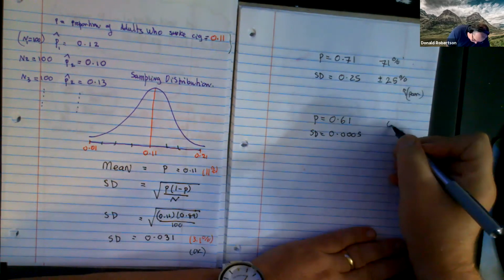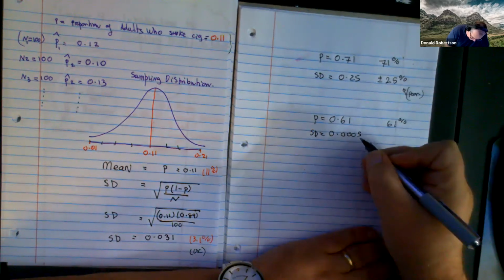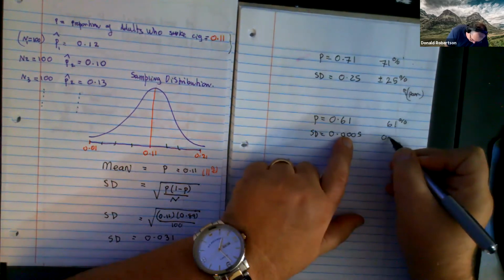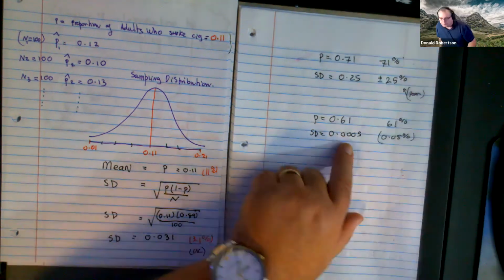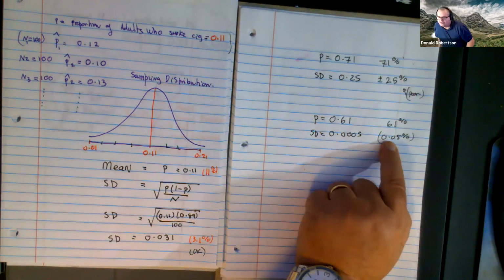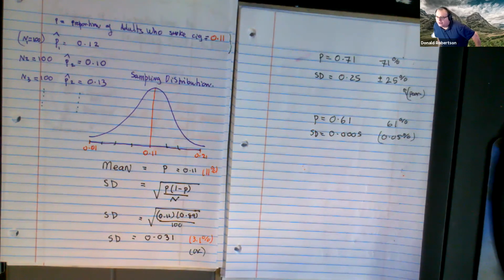So the real answer is 61%, but this tells me it's 0.05%. If my sample is likely to be out by 0.05%, wouldn't I be very comfortable with whatever my sample was? It's probably going to be really good.